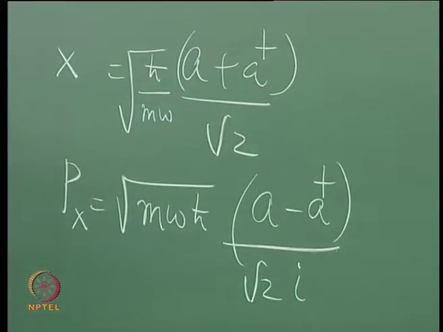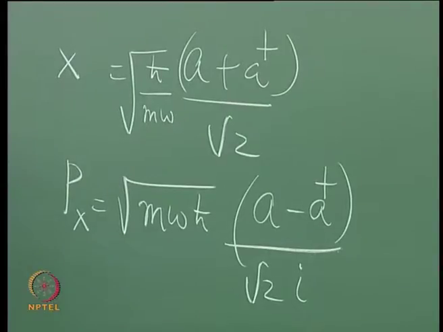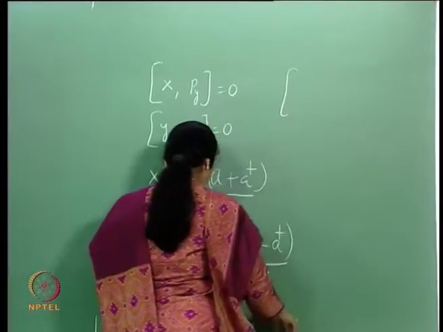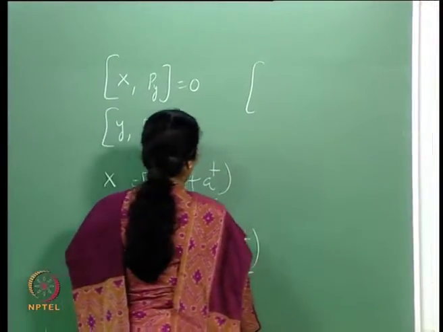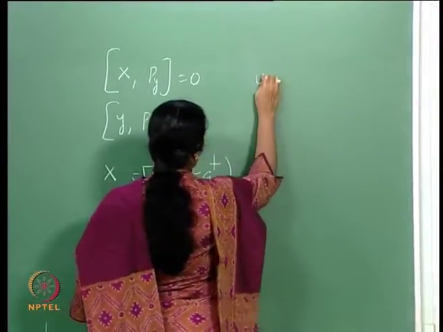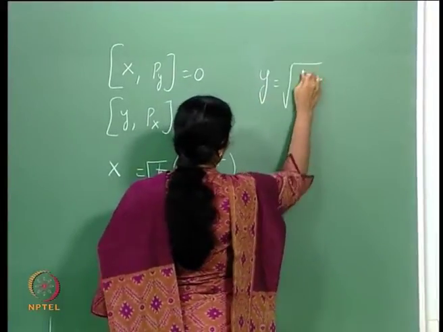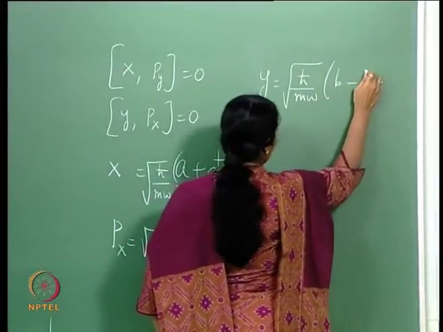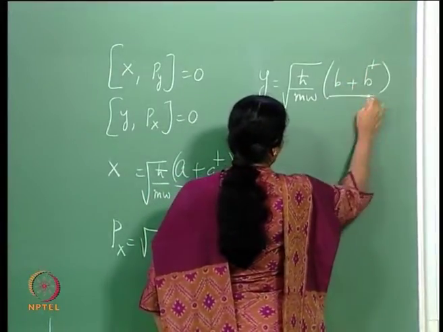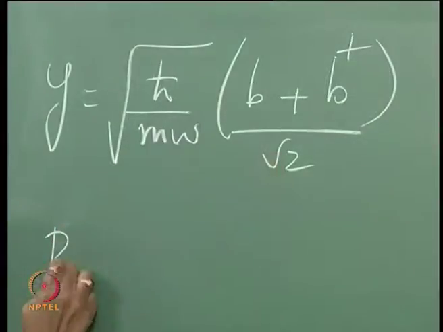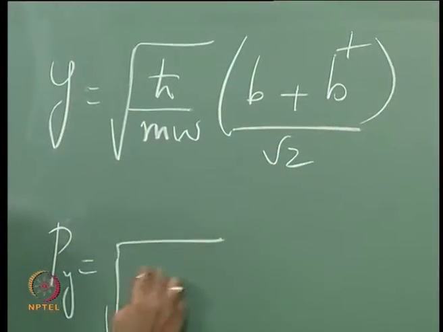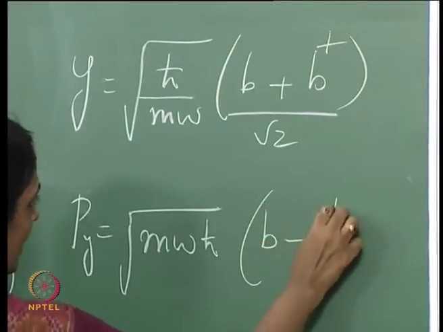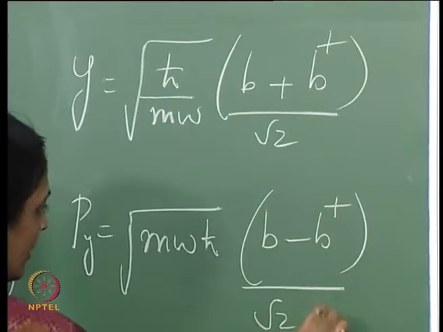I would do the same thing for the oscillator along the y axis, and I would write y as root of h cross by m omega times b plus b dagger by root 2, and p sub y as root of m omega h cross times b minus b dagger by root 2 i.